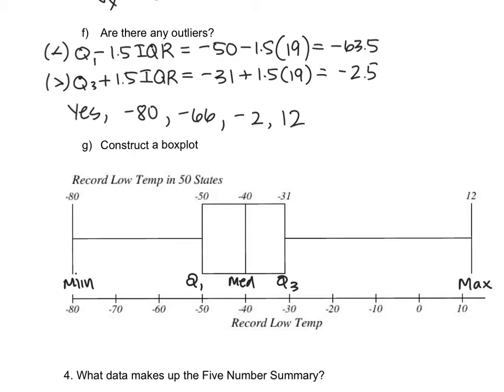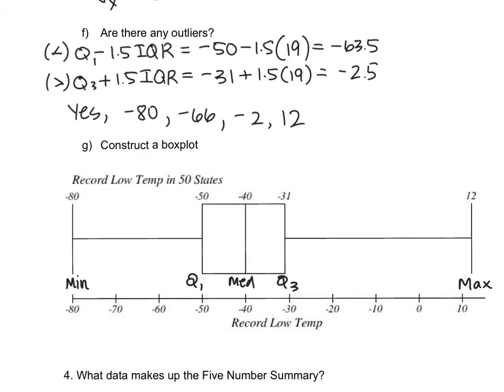Okay, and then we do need to have the name of a box plot, and we need to have a name for our axis. So our axis does tell us the record low temperature for each of our 50 states. So we're looking at temperatures here.